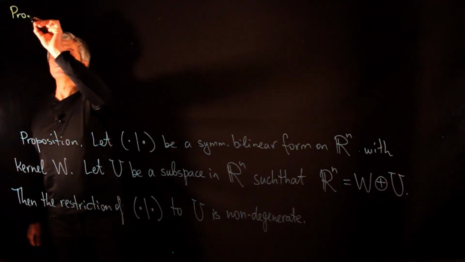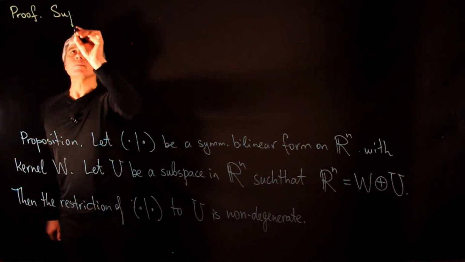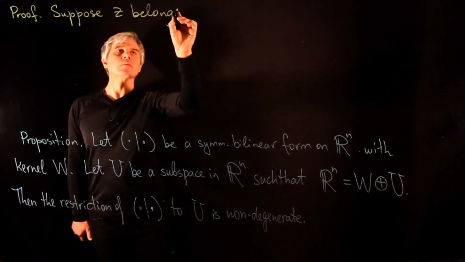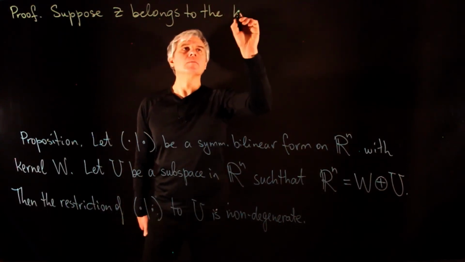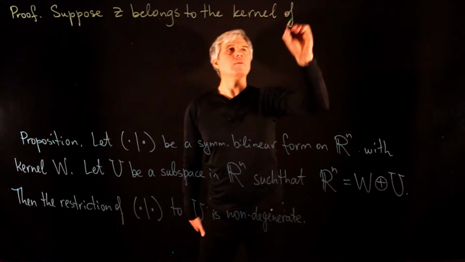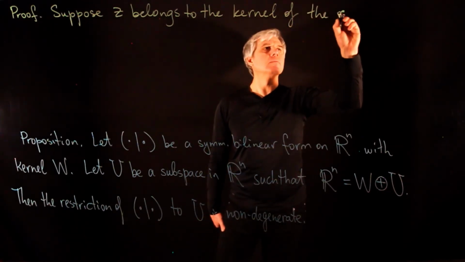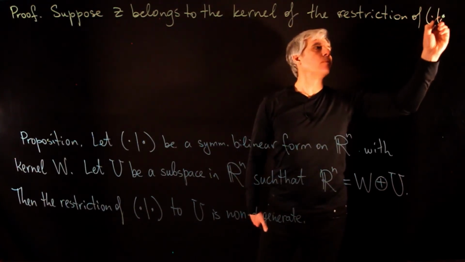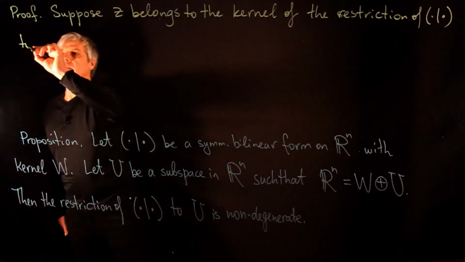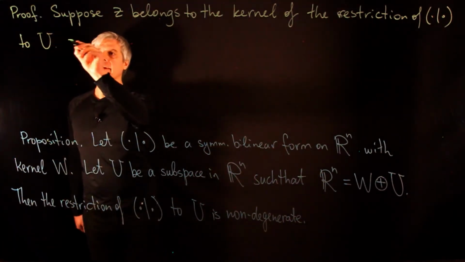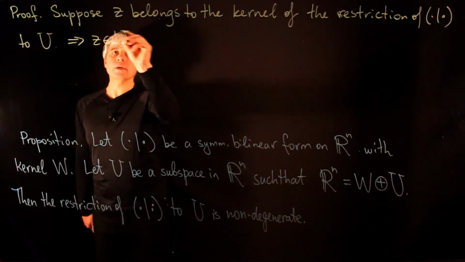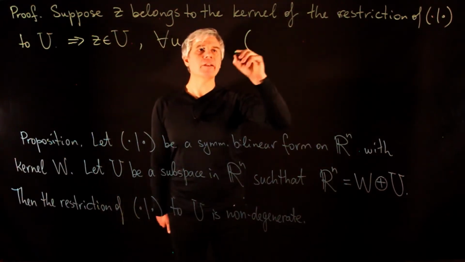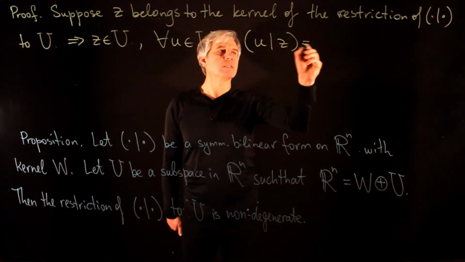Let's give a proof. Suppose vector z belongs to the kernel of the restriction of the bilinear form to subspace U. This means that z belongs to U, and for all u in the subspace, the value of the form of u with z is equal to 0.